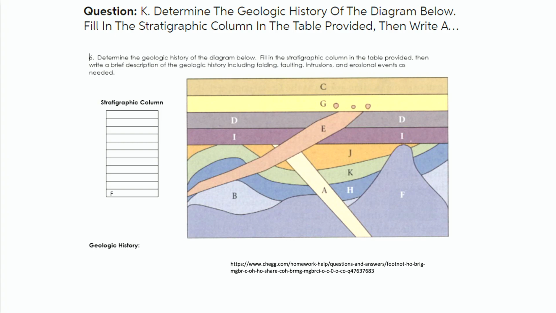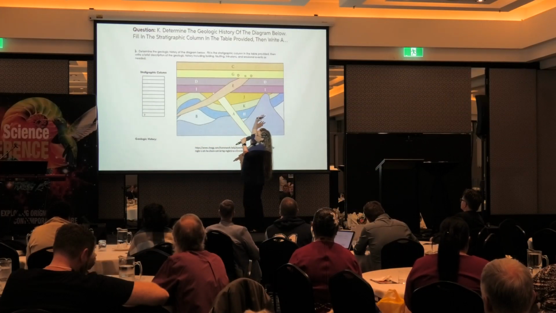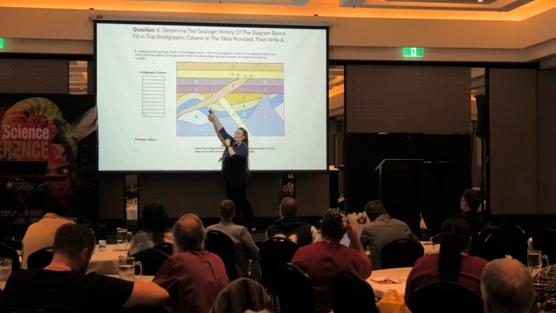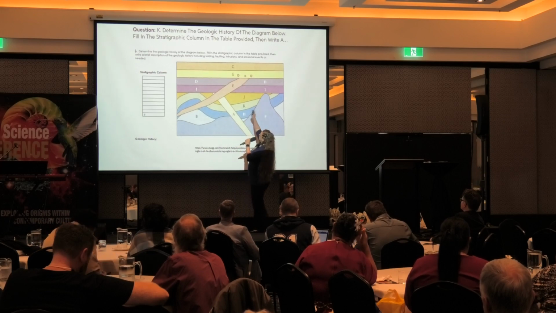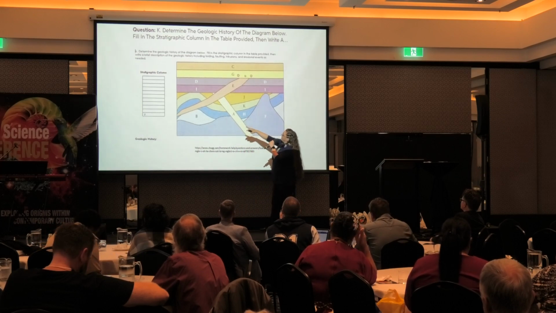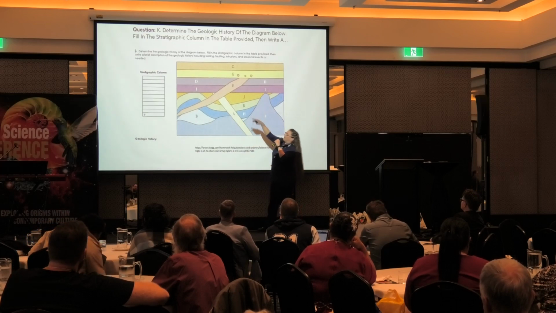So in this, a geologist would say, well, B came first, then H, then K, then J, and then there was some sort of shearing event. Well, no, A came next because A is sheared off also, and these things got squished, and then possibly came F, and then came I and D, and then came E, and then came G and C.